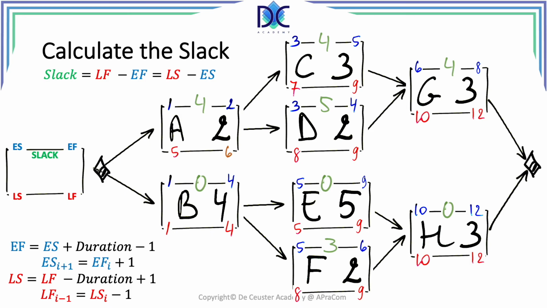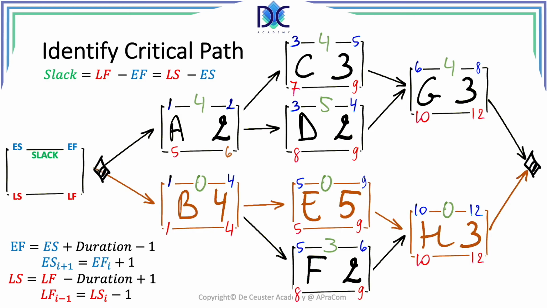Now we can continue with the identification of the critical path. The critical path is the path made of the activities B, E, and H, but why did we select this path? Well, as you noticed, all these activities have a slack equal to 0. But is this the correct way to select the critical path?